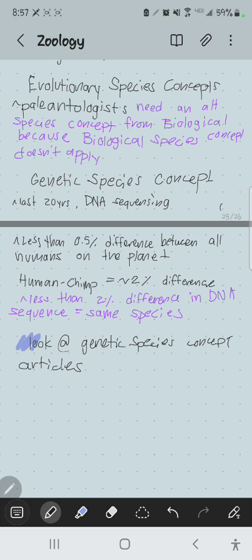So the issue is that when you look beyond the human-chimp model, rodents could show as much as a 5 to 10% difference. This is not even in your book.